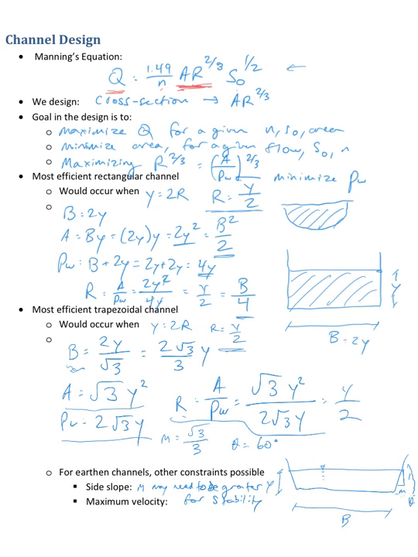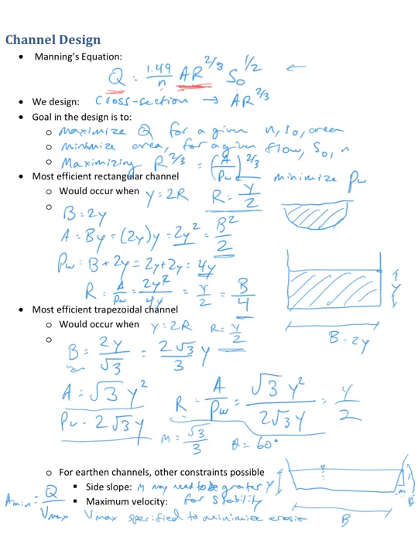And then we might have another constraint, which is the maximum velocity. We might have a V max specified to minimize erosion. And when that happens, we can calculate a minimum cross-sectional area, A min, as Q over V max.